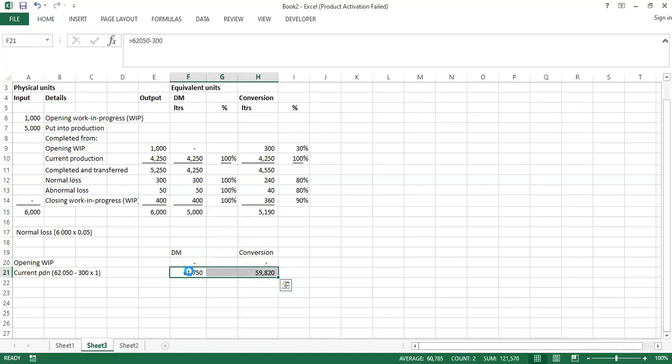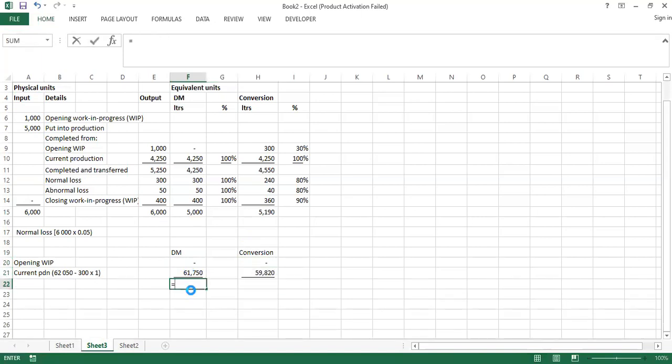So maybe we can total this up as a matter of principle again, but we all know what the totals are. Okay, so the equivalent cost per unit now is basically going to be 65,750, this one here, divided by 5,000, which is the equivalent units that we got there for our material.